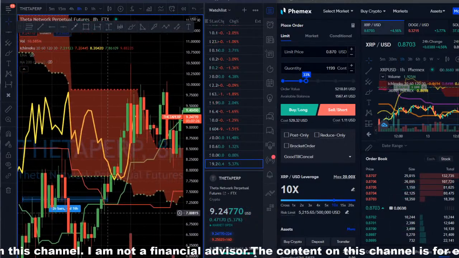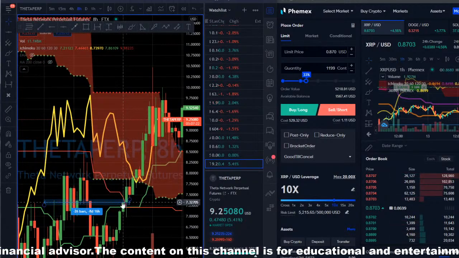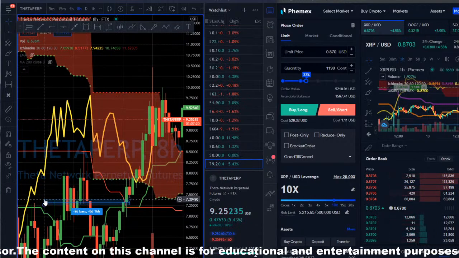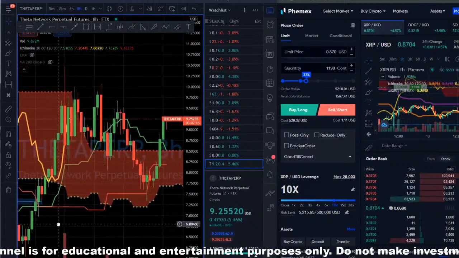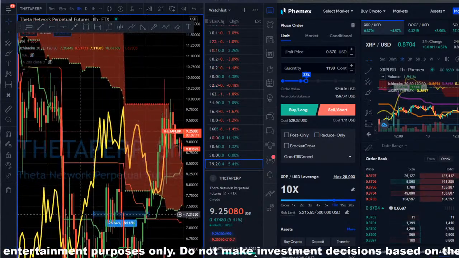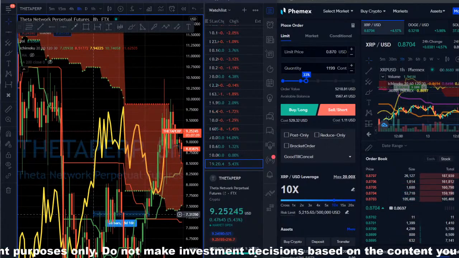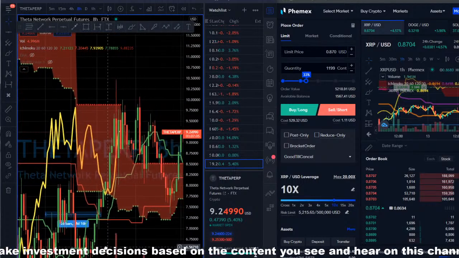When you have a bullish cross right here, you look 26 days in the past to give you 26 days in the future, right? So 26 days ago, you are right over here and you went up, right?